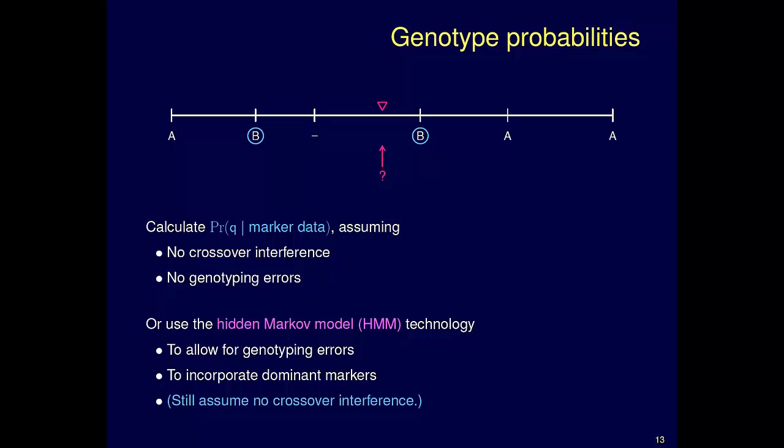I would like there to be some effect of crossover interference on the calculations, partly because I'm really interested in crossover interference, and I would be able to write a whole bunch of papers about how to account for crossover interference in these calculations, but it doesn't really matter, and this is way easier.